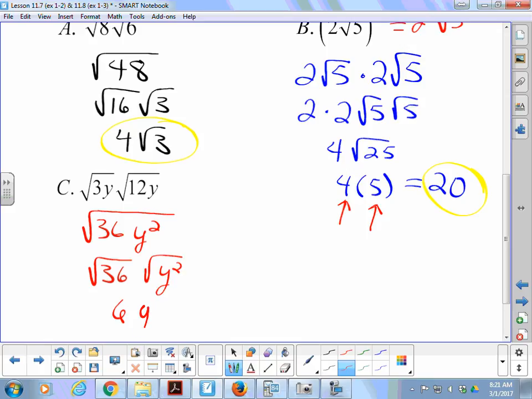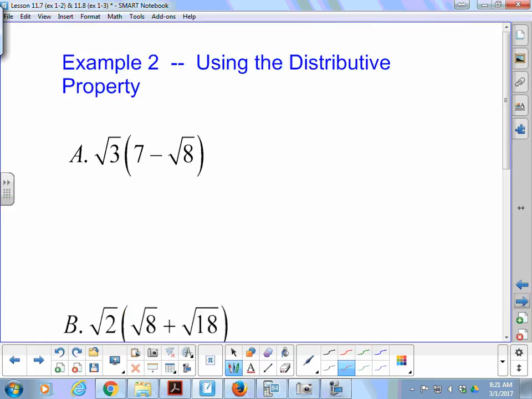So we get 6y. So you should be able to go from 36y squared to this also. If you need the extra step, then take it. That's fine. So when we're multiplying, if we're multiplying 2 radicals together, I can multiply the numbers underneath the radicals also.